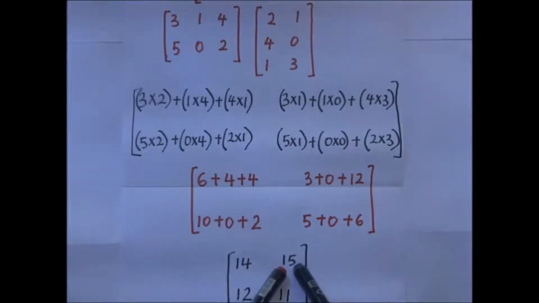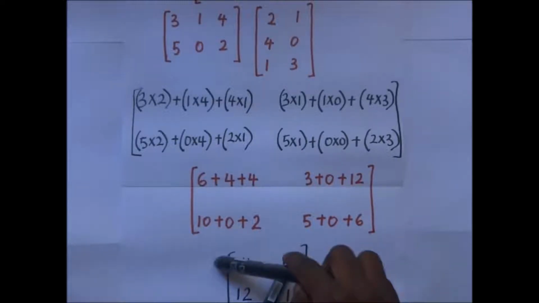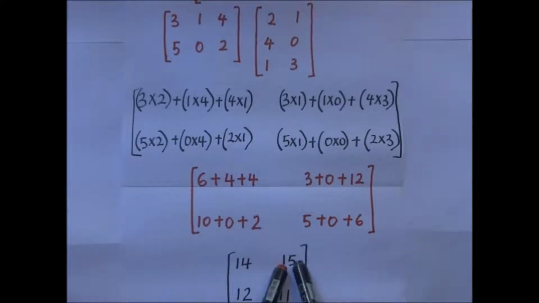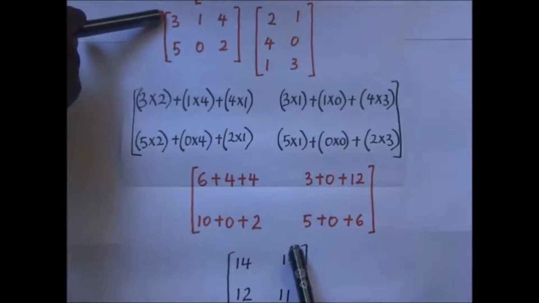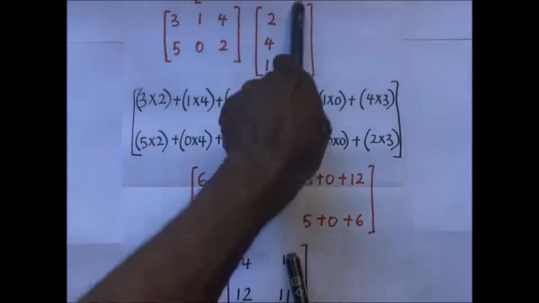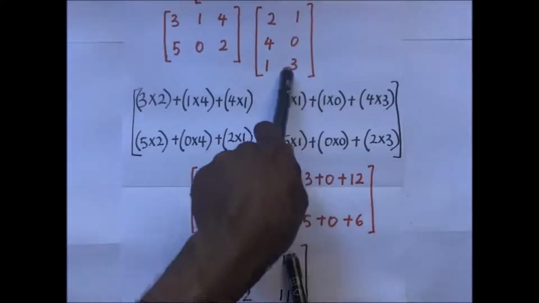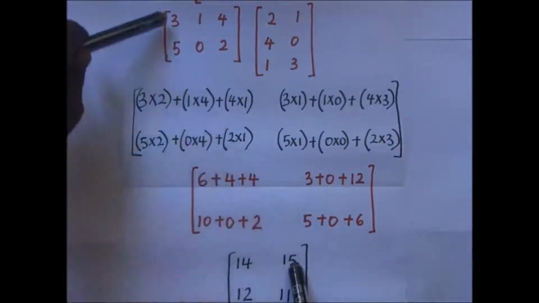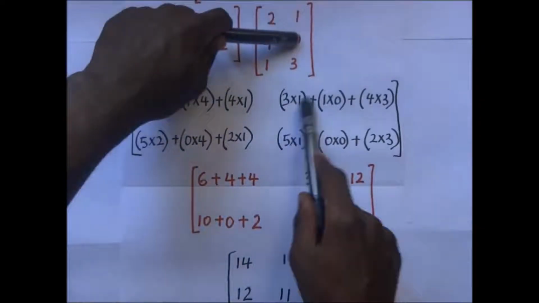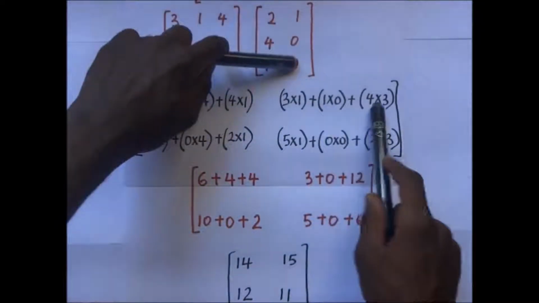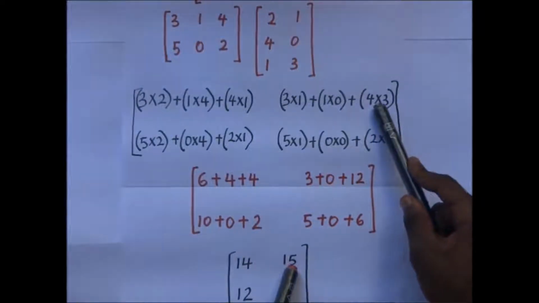Likewise, for us to be able to get this 15, it is positioned in the topmost row and in the right hand column. So we got this 15 by saying 3 times 1, plus 1 times 0, plus 4 times 3 to get that 15.